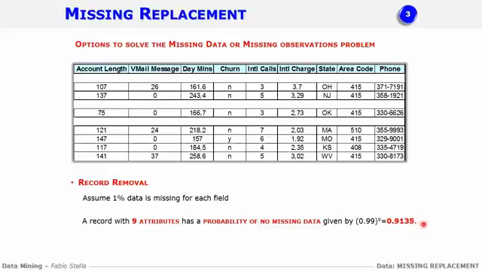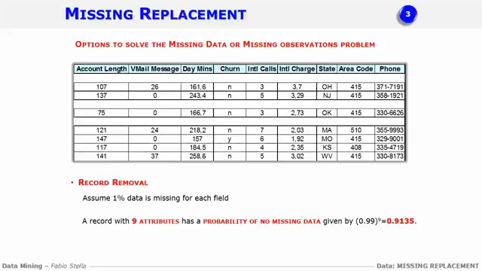This simply means that you have a probability of about 9% that the record will be removed, which represents that around 9% of the records of the available dataset will be removed due to missing data.